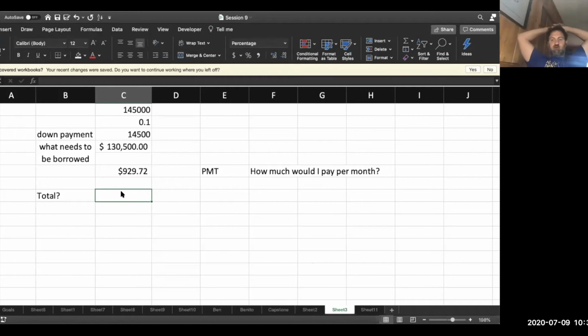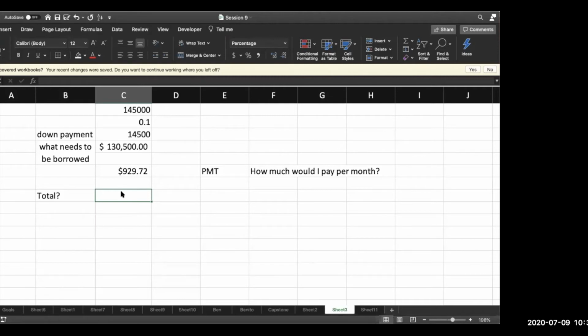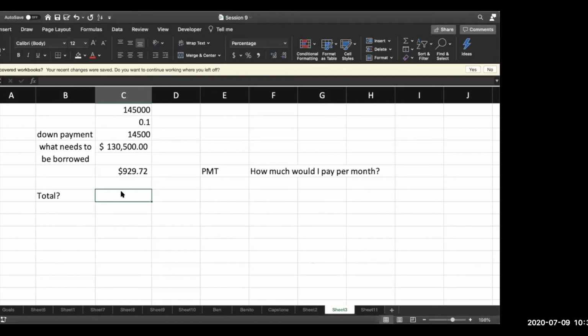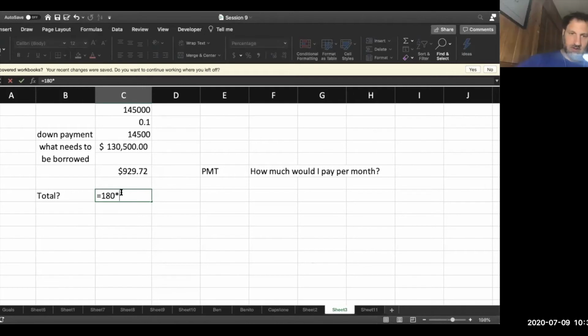So what do we do to figure out the total paid? Well, then that'd be 180 months. Yep, times the $929.72.